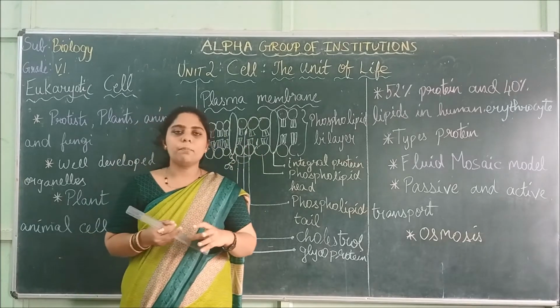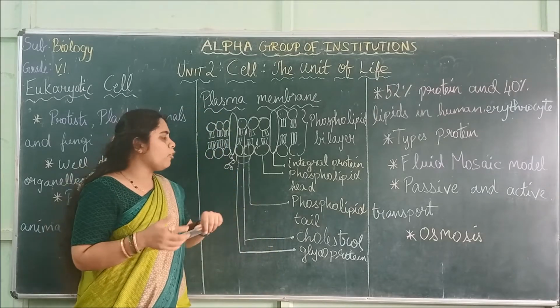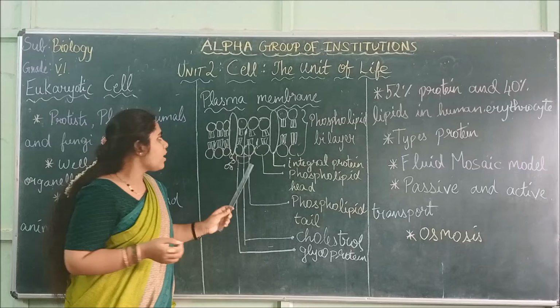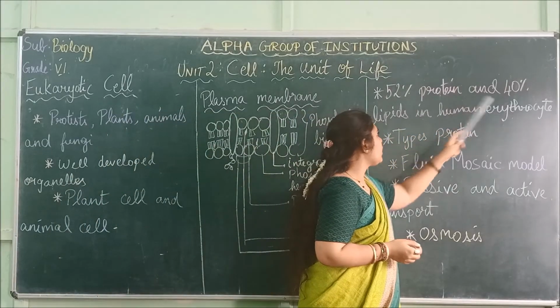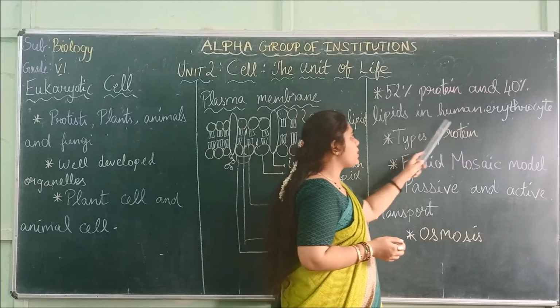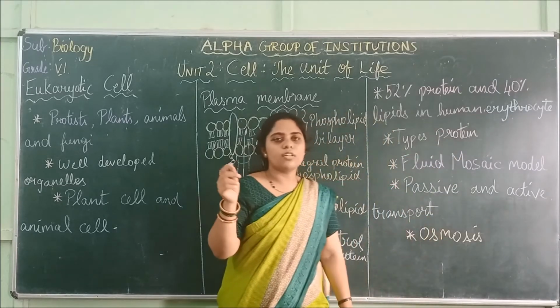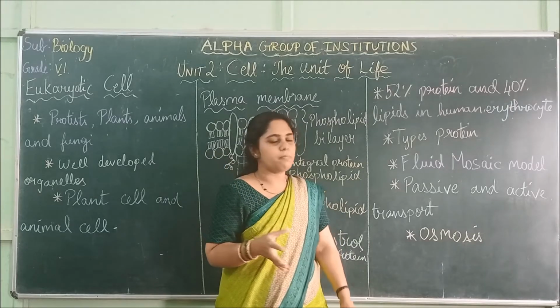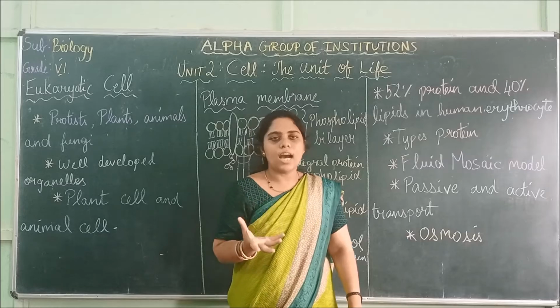It is made up of phosphoglycerols, and 52% protein and 40% lipids are present in the human erythrocyte plasma membrane. All cells have a plasma membrane. Human erythrocyte means the red blood cells, the RBC.